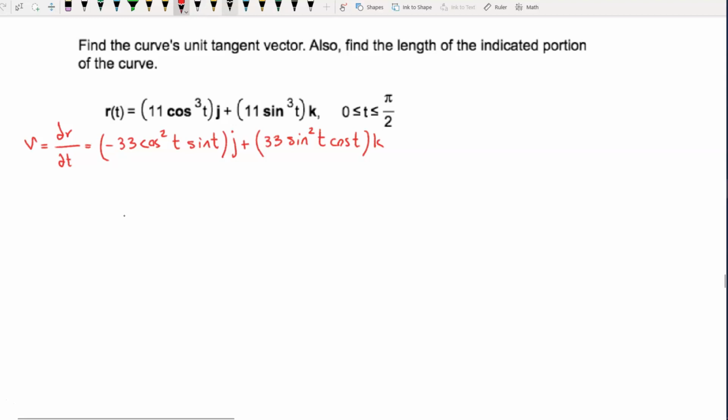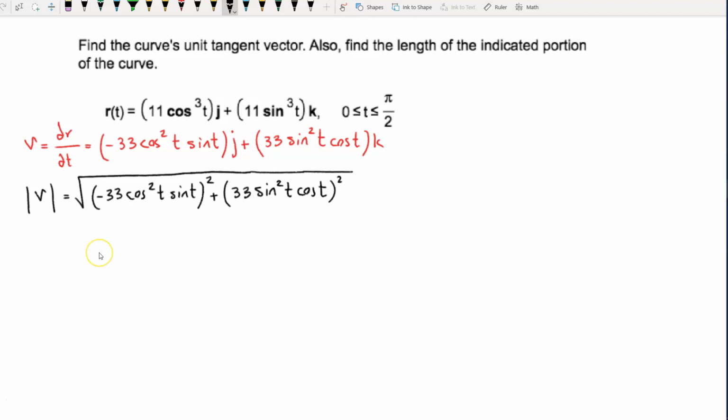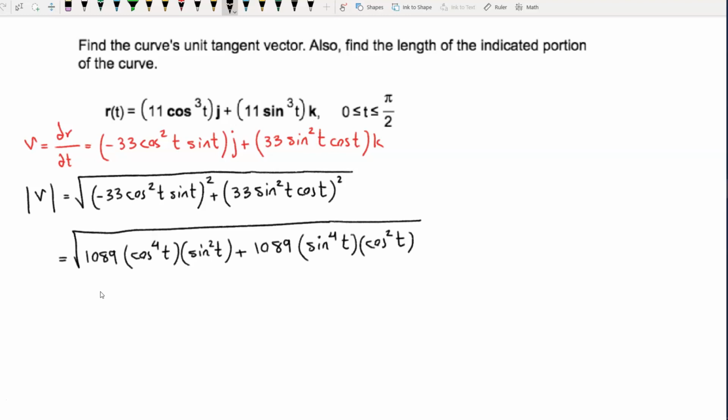And now finding the length of the velocity vector v, which is equal to the square root of negative 33 cosine squared t sine t squared plus 33 sine squared t cosine t squared. Here we have negative 33 squared, that is 1089, multiplied by cosine to the fourth power t times sine squared t, plus again 1089 multiplied by sine to the fourth power t times cosine squared t.